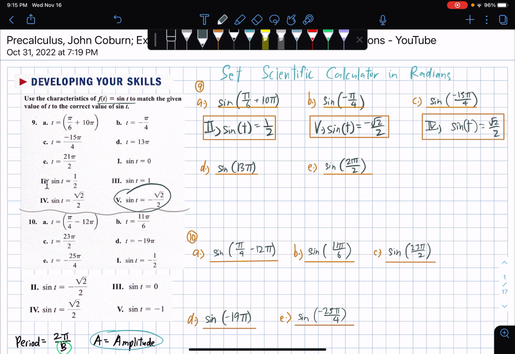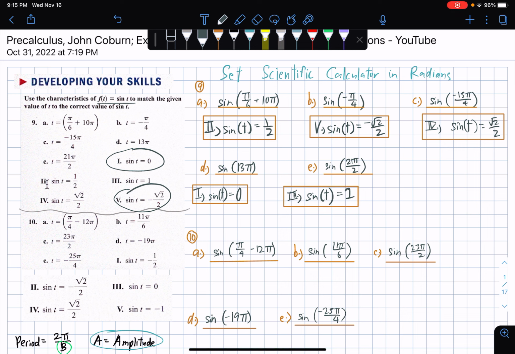For letter D, sine 13 pi is 0, so apparently it's number 1. For letter E, sine 21 pi over 2 is 1, and that's number 3.